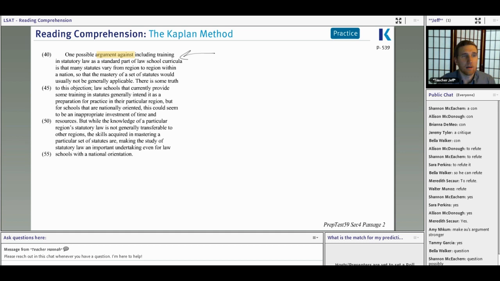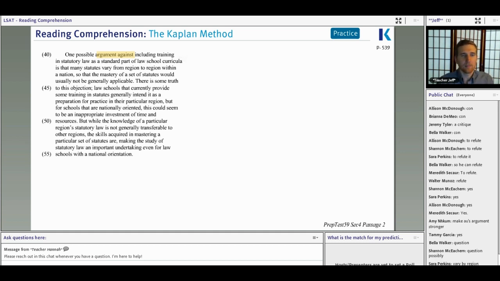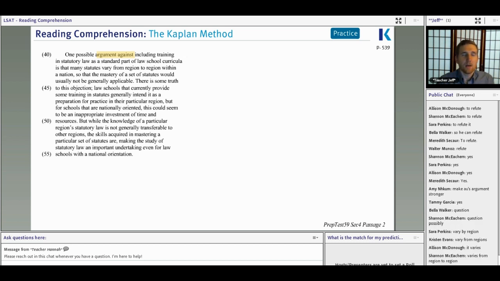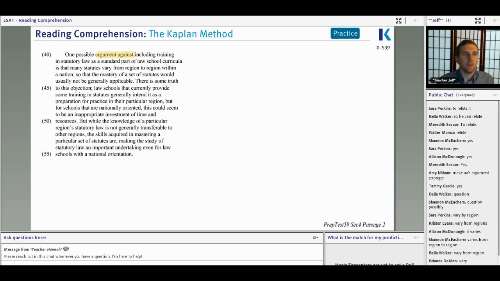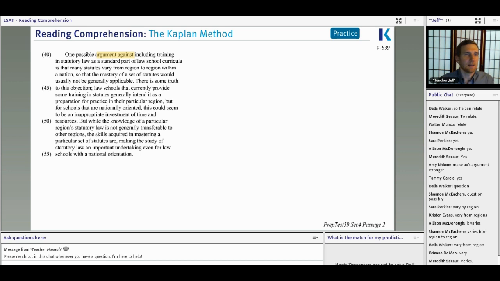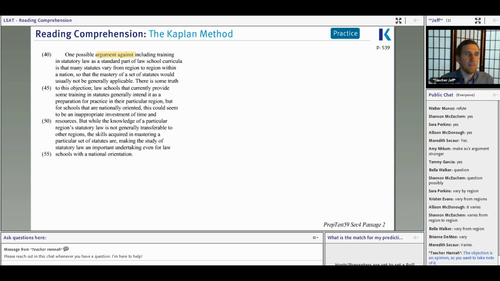What's the bad thing about statutory law? Right, exactly. So the argument against is that stats vary by region.